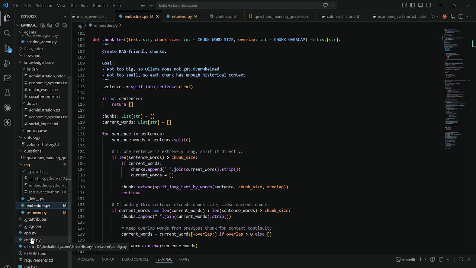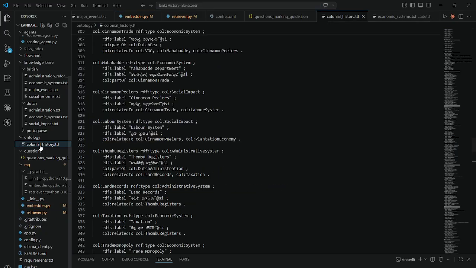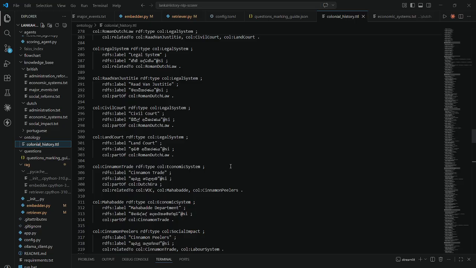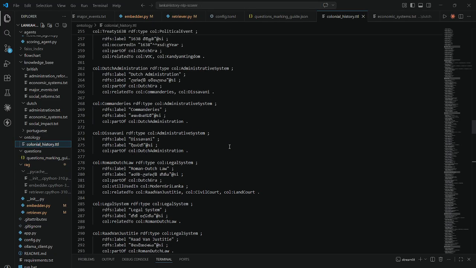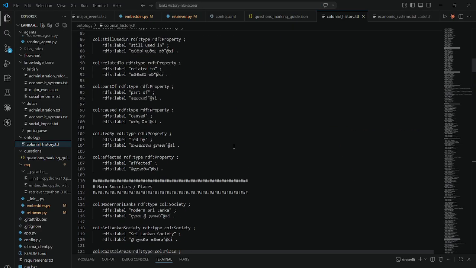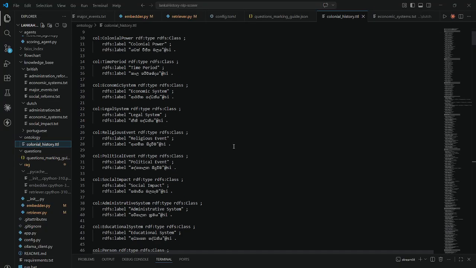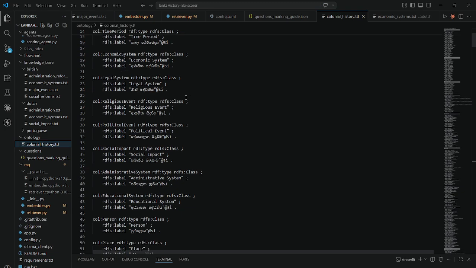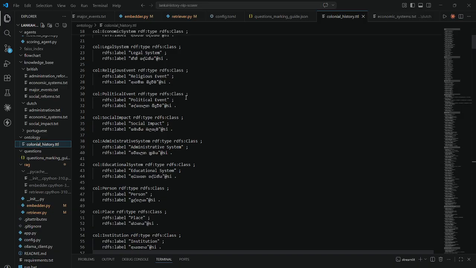Moving on to the ontology implementation. The ontology represents important colonial history concepts and relationships using RDF Turtle format. It includes colonial power, legal system, economic systems, political events, religious events, and social impacts.